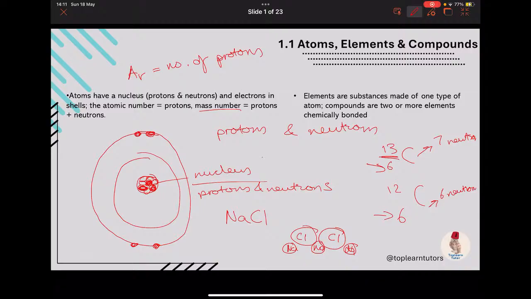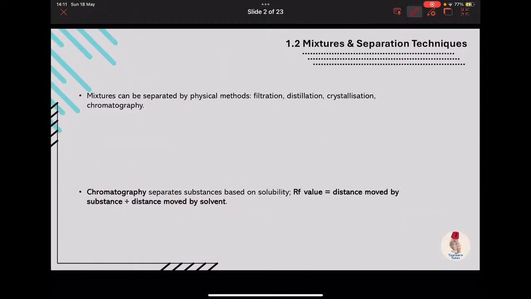So in that practical, you will know that it can be separated as it is not chemically combined, the sulfur and iron are just mixed together. However, you can't separate the sodium or the chloride out of sodium chloride, as there's a chemical bond and they're chemically combined. Moving on to mixtures and separation techniques.